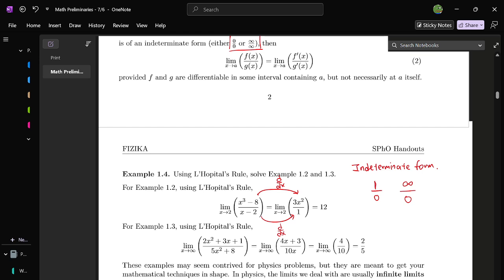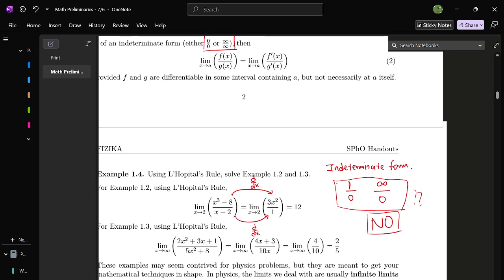But are these indeterminate forms? Well, the answer is that they are not indeterminate forms. So if you have a form like that, you cannot use L'Hopital's rule.